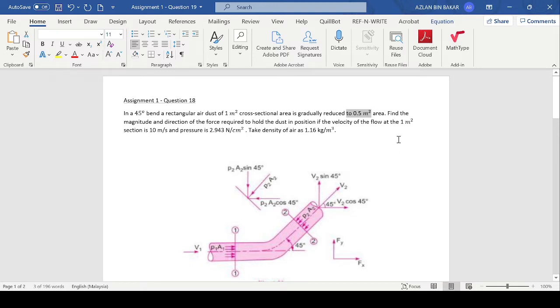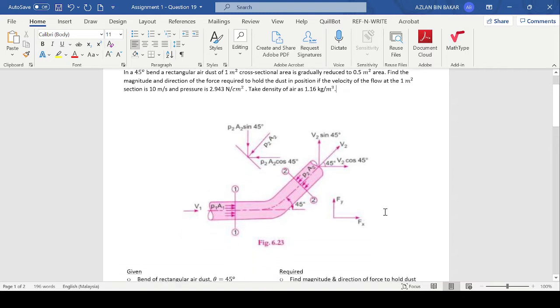We need to find the magnitude and direction of the force required to hold the duct in position, if the velocity of the flow at the 1 meter square section is 10 meter per second and the pressure given is 2.943 Newton per centimeter square, and the density is 1 kilogram per meter cube.